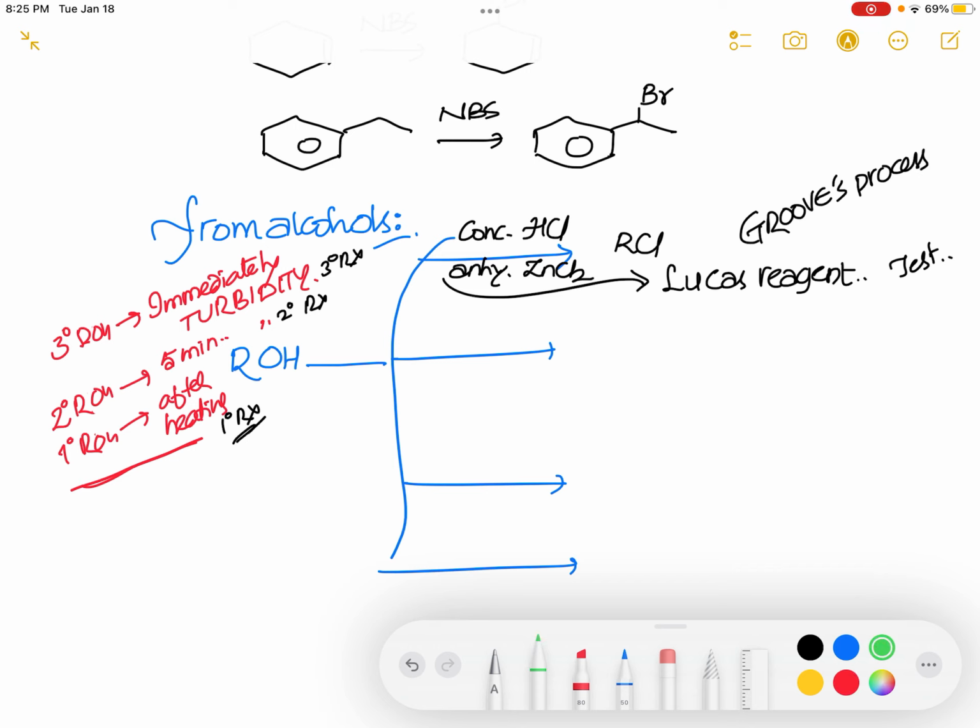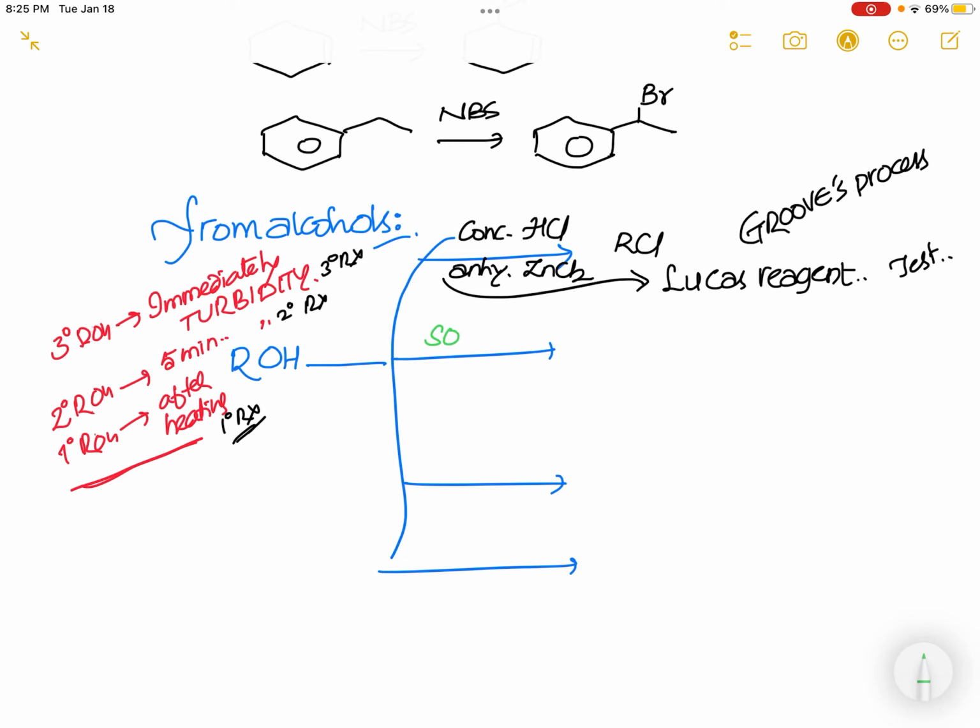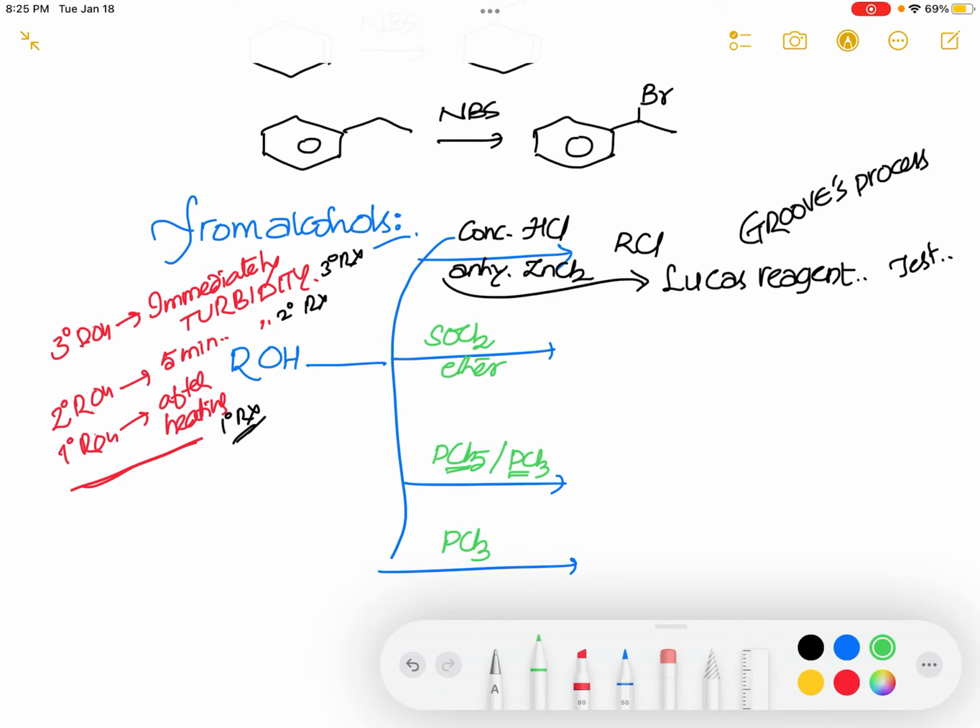Otherwise, you can use SOCl2 in ether, or you can use PCl5, or you can use PCl3. With PCl5 and PCl3, the reaction will be slightly different, so we'll take those reactions separately because the byproducts are important here.